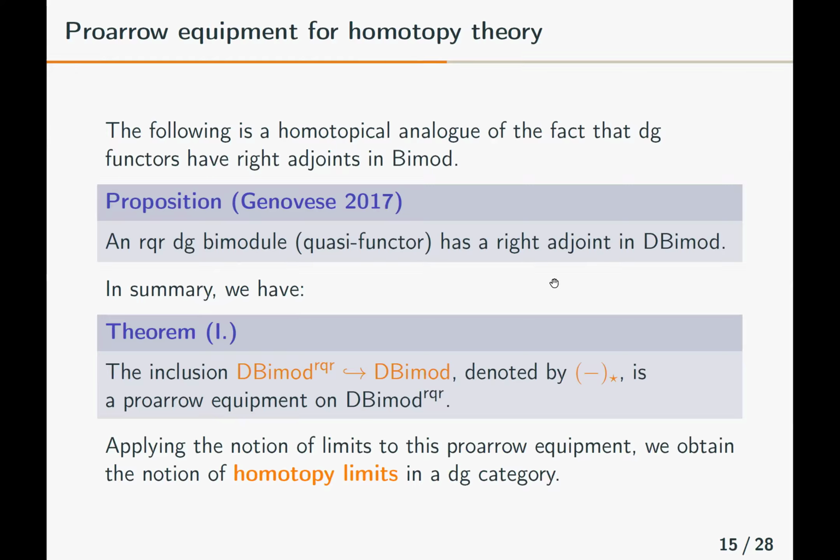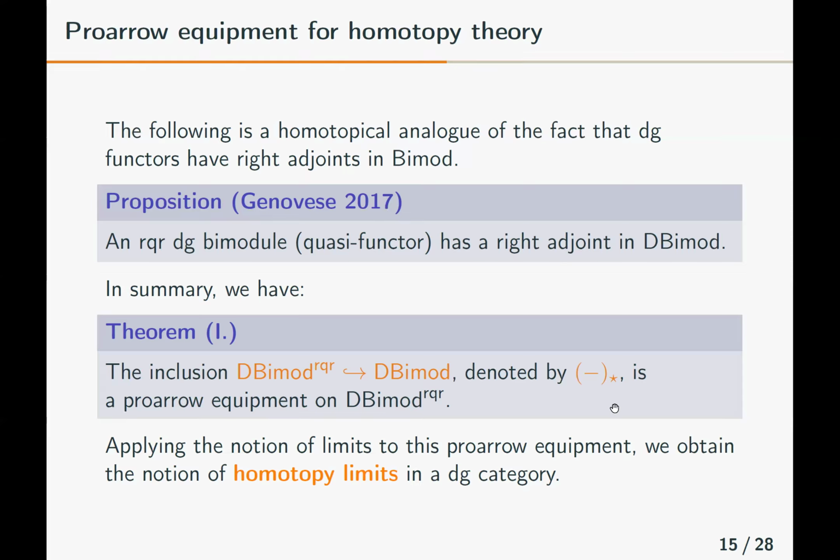As a consequence, we obtain the following theorem. The inclusion of the sub-bicategory D-Bimod_rqr into the bicategory D-Bimod forms a pro-arrow equipment on D-Bimod_rqr, which is denoted by Dstr in the following.